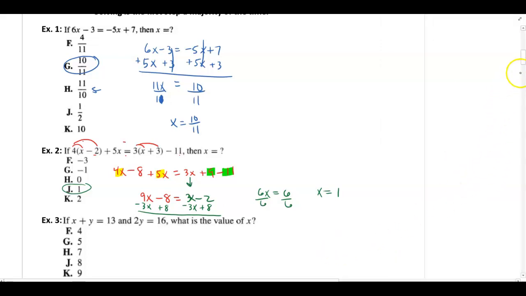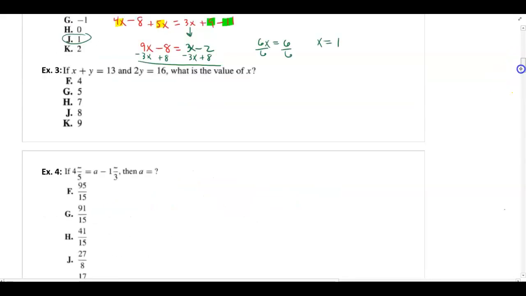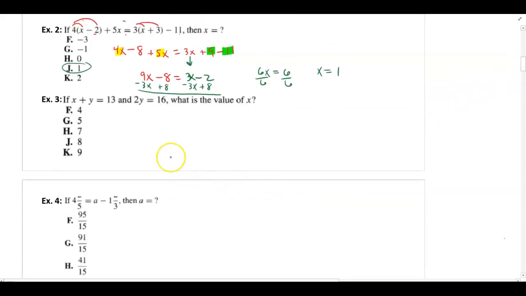Now the next one. When you look at example 3, this is where they try to trick you. If x plus y equals 13 and 2y equals 16, find the value of x. Here's the thing: this equation has two variables.